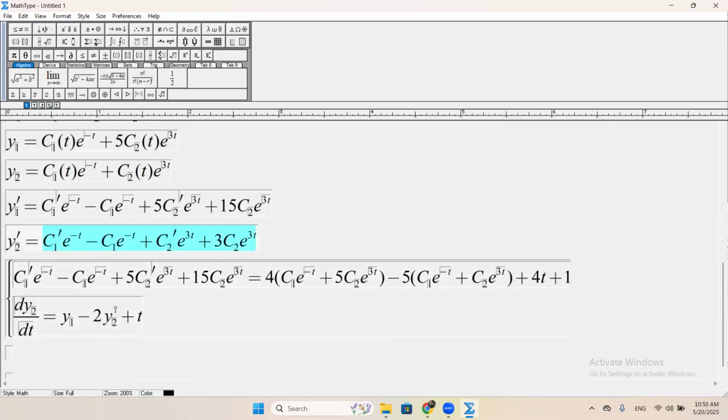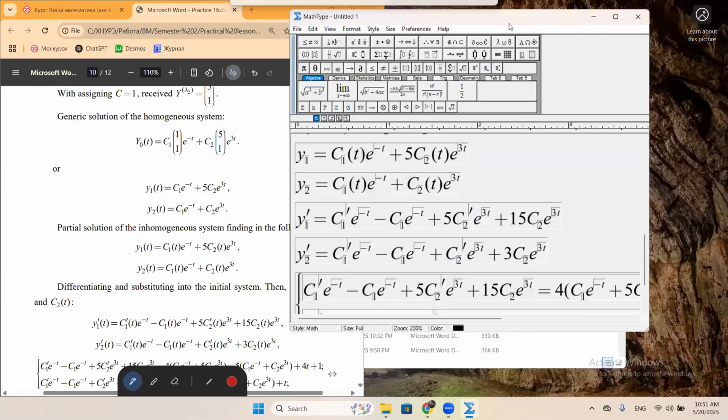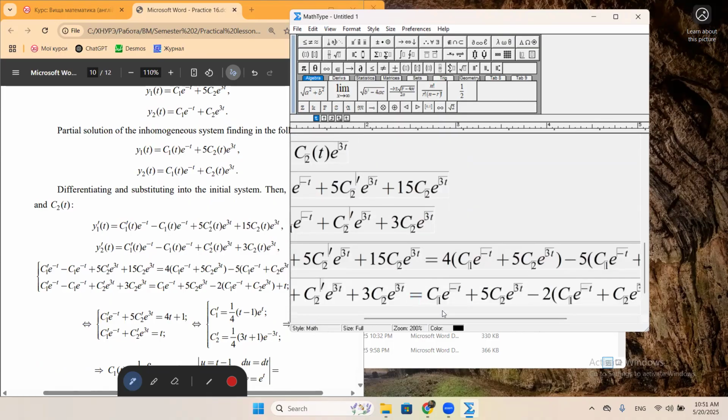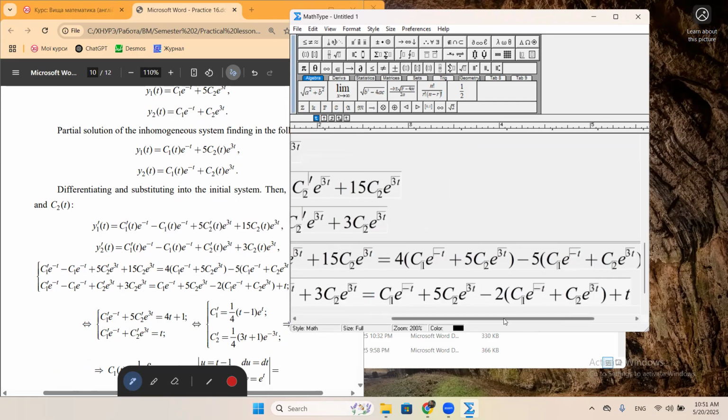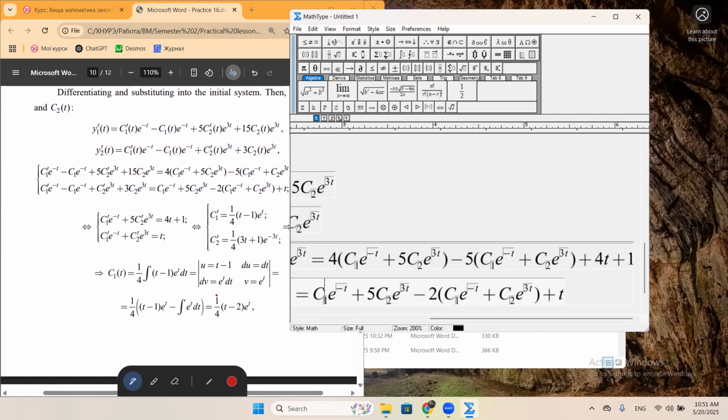So now using the second equation, substituting y prime, substituting y1 and y2. So we received the following system. Let us compare. Yeah, it seems that it matches with my notes.